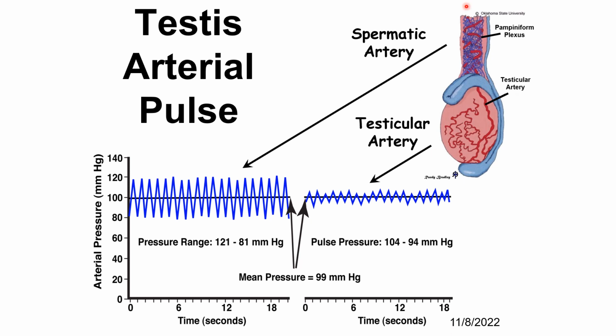Pulse pressure has to do with the widening of the artery as influenced by the ejection of the blood in the aorta. So the pulse pressure here in the testicular artery has been reduced or dampened as influenced by the presence of the pampiniform plexus in the spermatic cord.